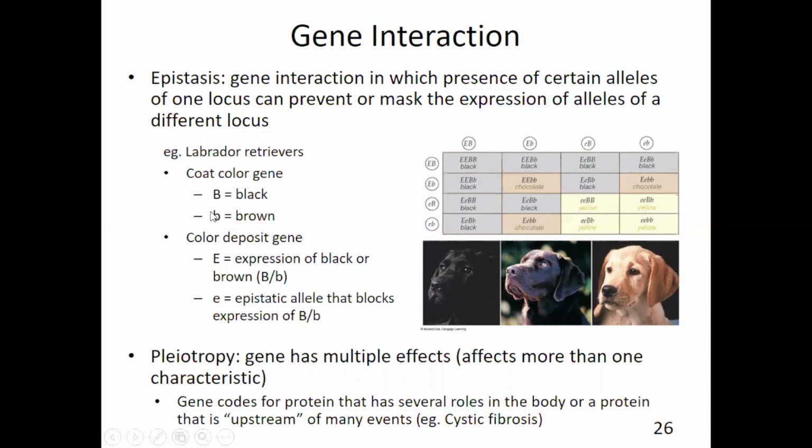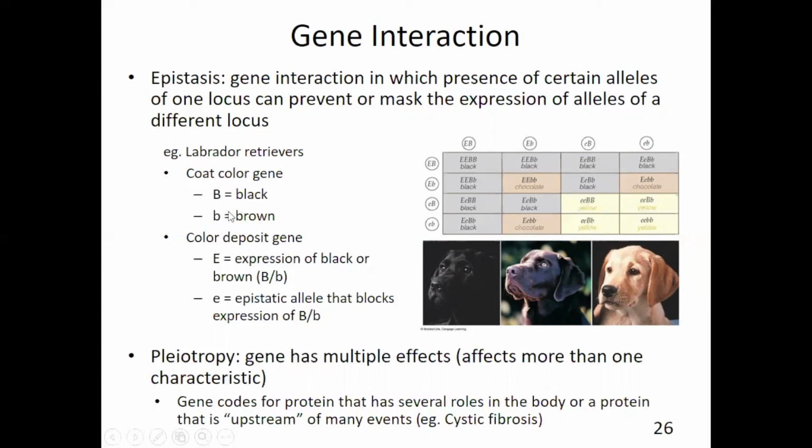One gene dictates what color pigmentation should be deposited in the fur. The dominant allele, capital B, dictates that the black pigment should be deposited into the hair, while the recessive allele dictates that brown pigment should be deposited in the fur.